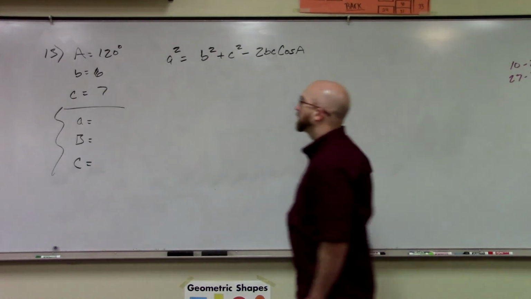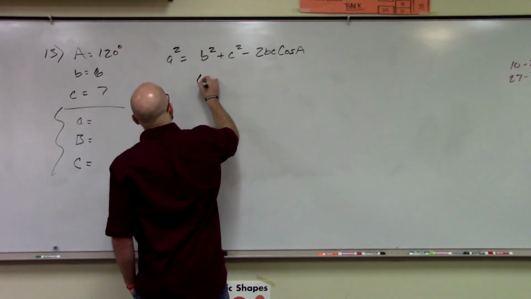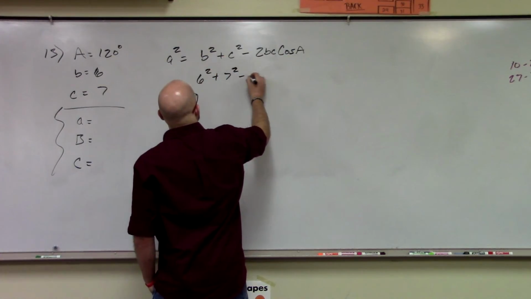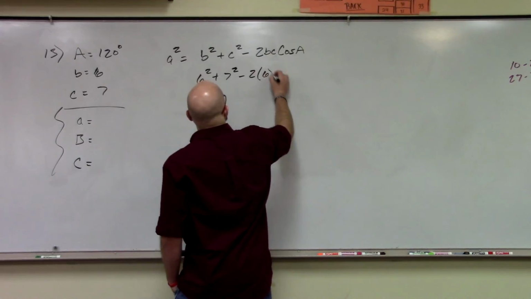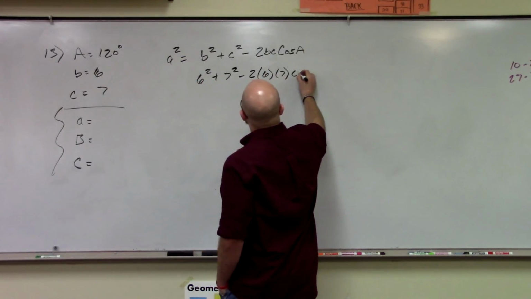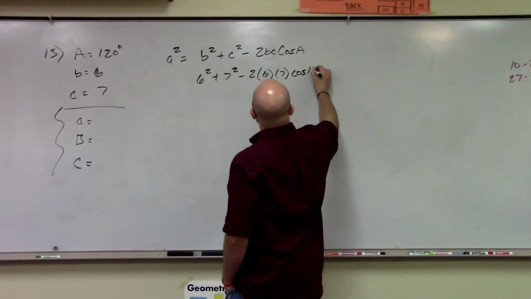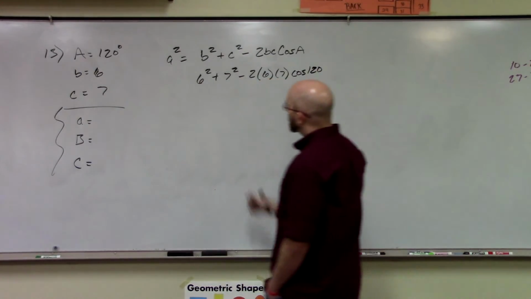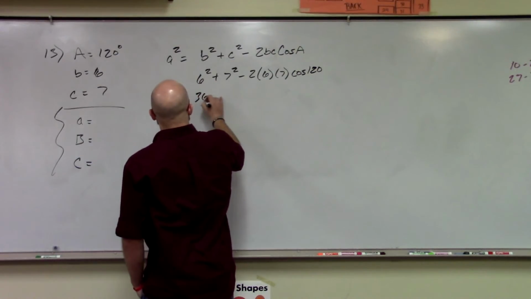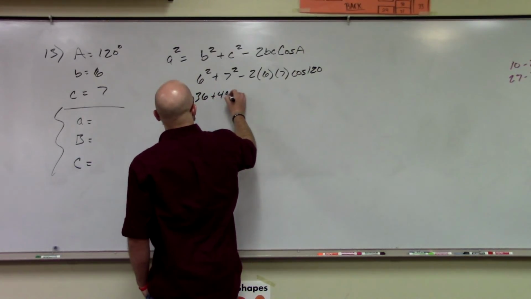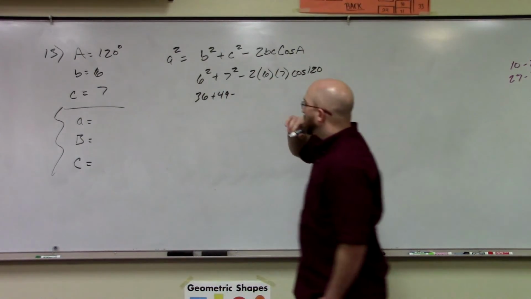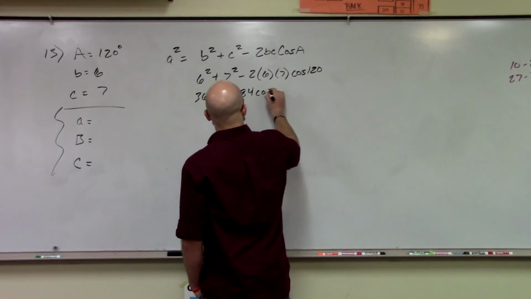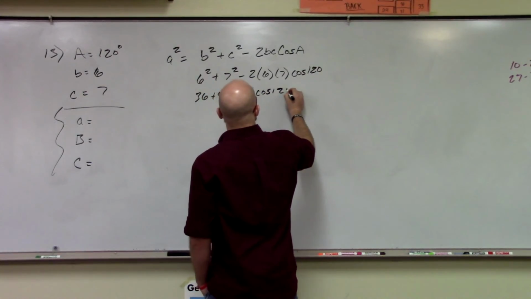So, let's plug everything we got in. So 6 squared plus 7 squared minus 2 times 6 times 7 times cosine of 120. That means we're going to get 36 plus 49 minus 84 cosine 120.